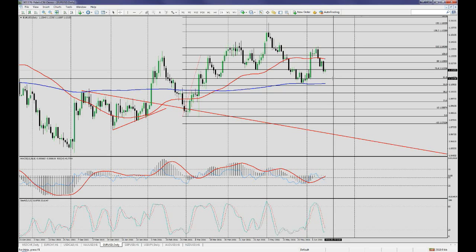Today, I wouldn't really trade it. However, if you are shorting it, your target, I believe, should be at two levels. One is at 1.1145 level, which is approximately 61.8% Fibonacci retracement zone. And the next and the most important level should be at 1.10 level, which is psychological level. So this is for the euro dollar.